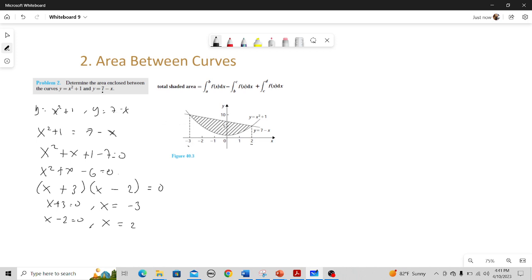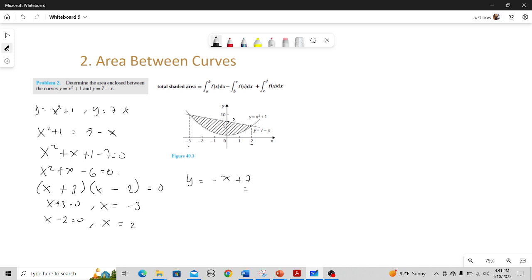Now it's easy for us to plot 7 minus x, because y equals negative x plus 7. We know that 7 is the y-intercept, which is this one, and the slope is negative 1. Just connect the intersections at negative 3 and 2.